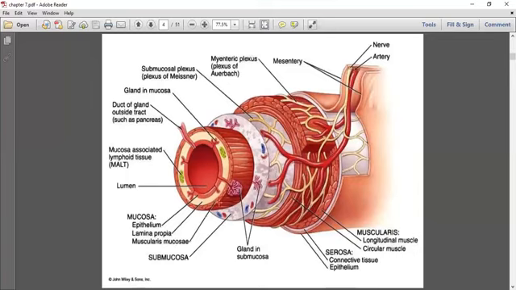Beneath it directly, submucosa, which is connective tissue, rich with blood vessels, lymphatic vessels, nerves, and a cluster of neurons or nerve cells called submucosal plexus or plexus of Meissner.